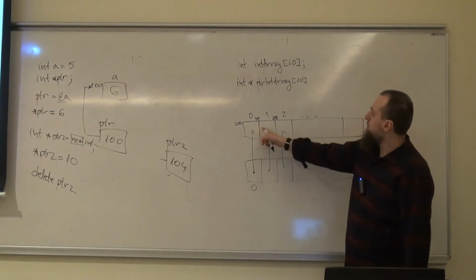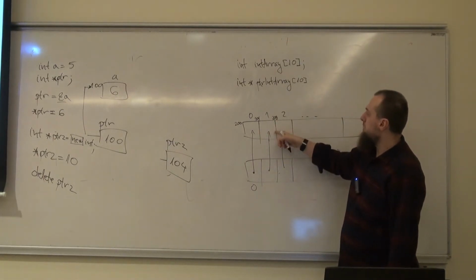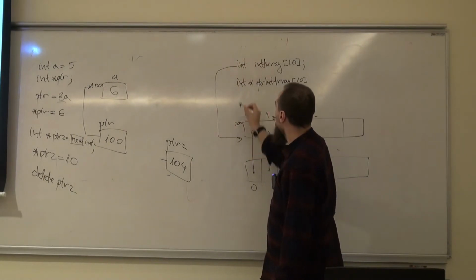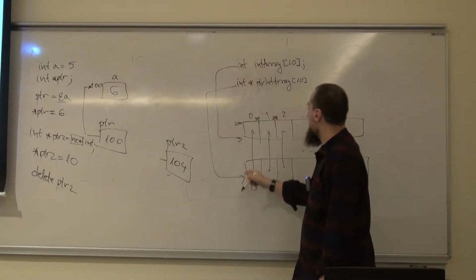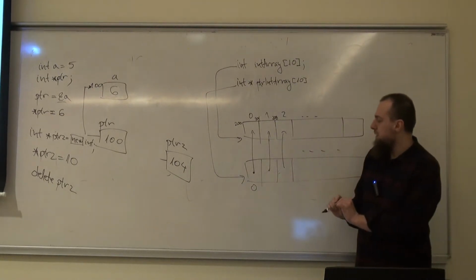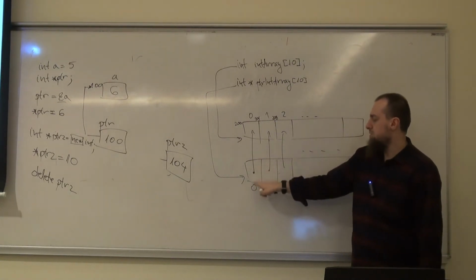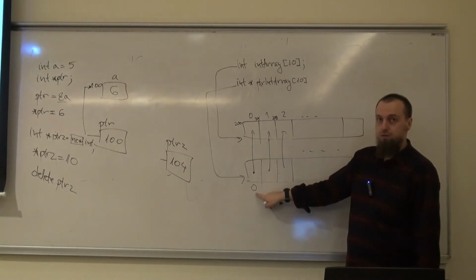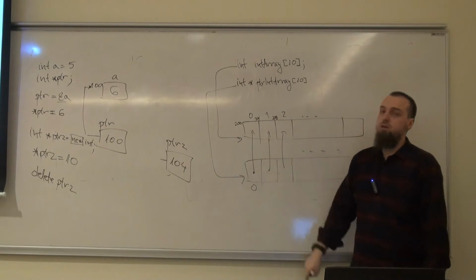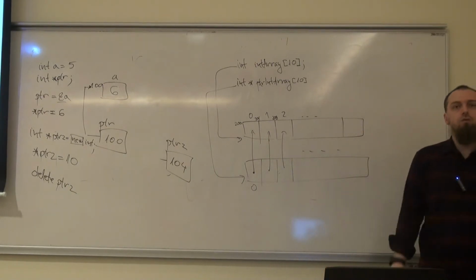If the name of this array is integer array, and if the name of this array is pointer integer array, can you tell me how can I set, let's say, the first index, the one with the index 0, the first element of the integer pointer array, to point to the index 0 of integer array?